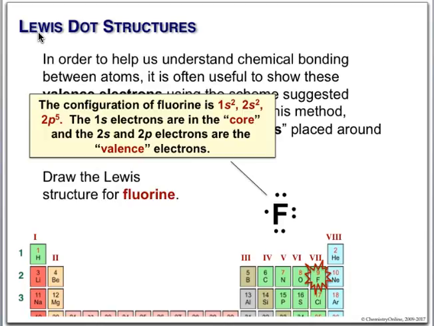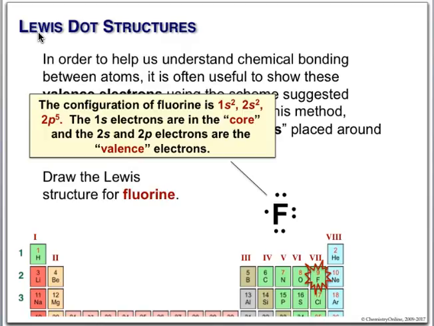This is the Lewis dot structure for fluorine. All it shows is the number of electrons in the highest energy level. Any questions? How do you know how many there are?